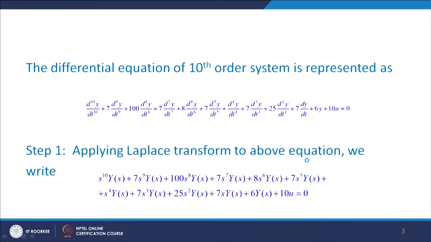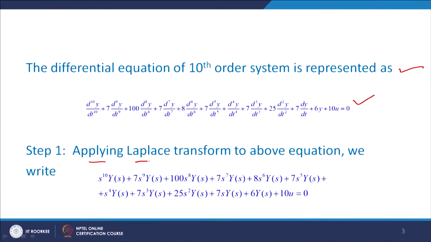So, the differential equation of the 10th order system is represented as this. We have seen last time that whenever any differential equation is there, we have to apply the Laplace transform. So, for this 10th order system we will apply the Laplace transform. Applying Laplace transform to the above equation we get this: s raised to 10, and so on, plus 10u equal to 0.